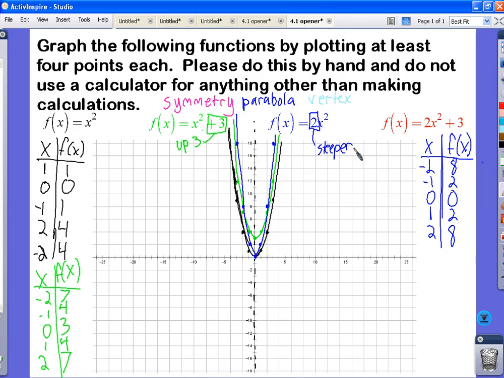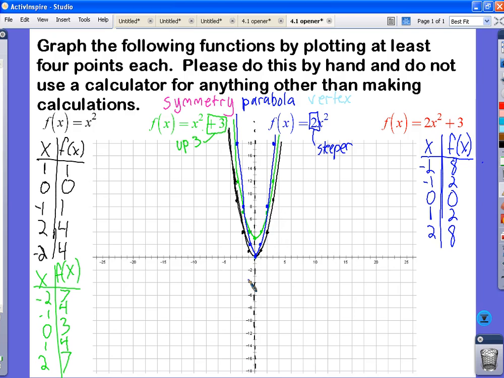All right. So when we multiply x squared by 2, it doubles every output and therefore makes the graph steeper. That concept of steeper, if you can conceptualize the idea of this being steep and more steep, then that's a concept that we really dive into in calculus.